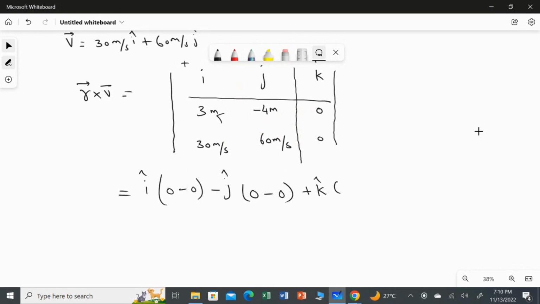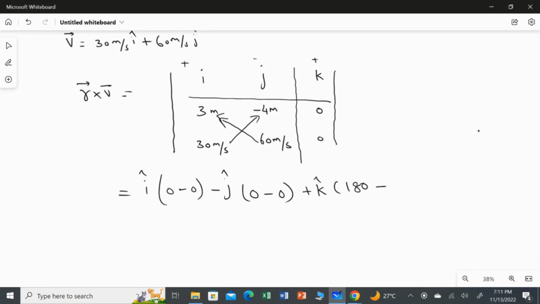Okay, now I'm not going to touch the first one and the last one. So if you want to calculate the value of the k component, that means k cap, what do I have to do? I have to multiply 3 with 60 and then 30 with minus 4. When you go from left hand side to this upward direction, it is a positive. From this side, it is a negative. So what you'll get? 60 multiplied by 3. What is the answer? 180, right? Minus, because when you go from this side to this side, it's a negative, right? So minus 30 multiplied by minus 4, which is exactly 120.